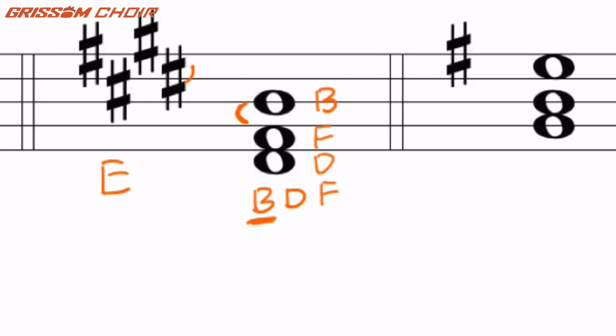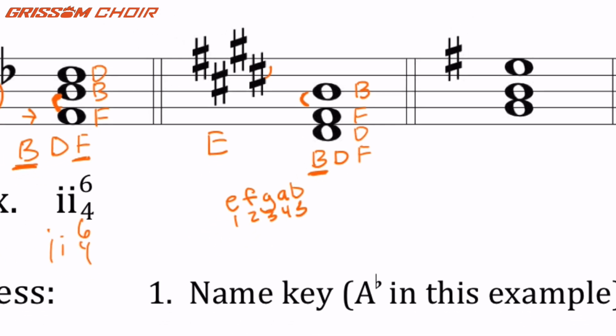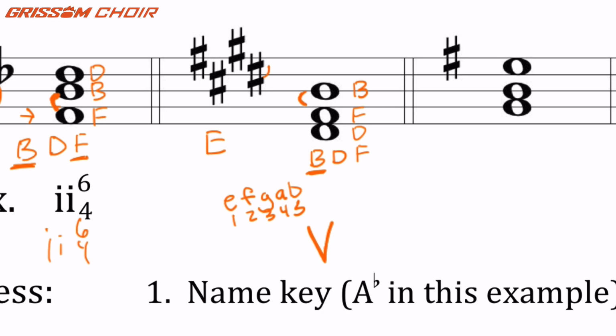Now we have to figure out what scale degree B is in relation to E. So E, F, G, A, and B. E is 1, so 1, 2, 3, 4, 5. This would be, in the key signature, 5.